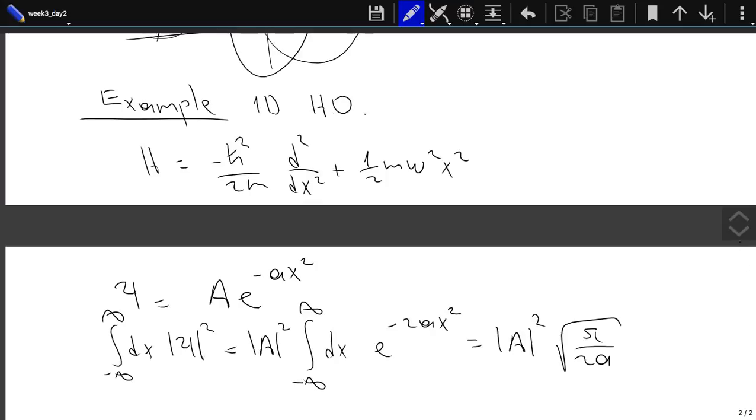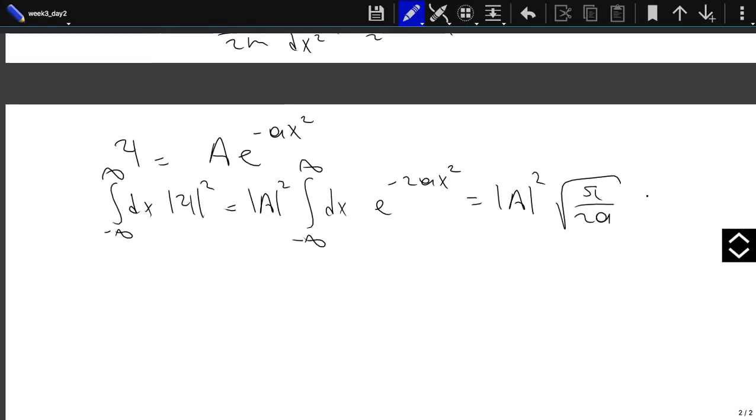Okay, so this should be 1. So this already tells us that our wave function is (2a over pi) raised to the power 1/4 times e to the power minus a x squared. So both the normalization and the exponential depend on a.